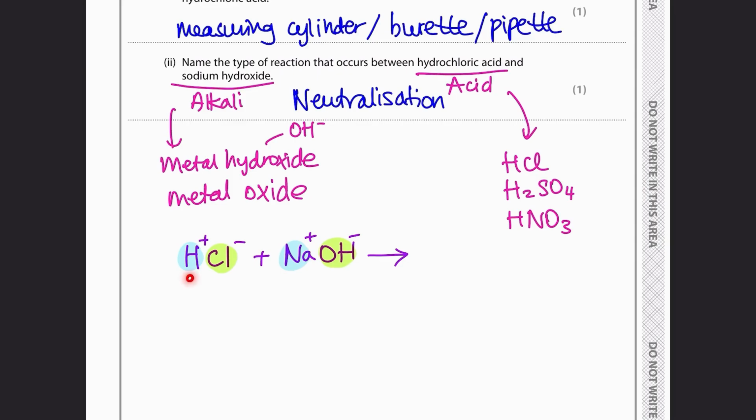So look at this blue hydrogen here. It's bonded with the green chloride, right? Now, if it was to switch partners, it's going to bind with either this blue one or this green one. Who would it bind to? Have a think. Which one will the hydrogen ion on the left bind with? Will it bind with the positive sodium or the negative hydroxide?